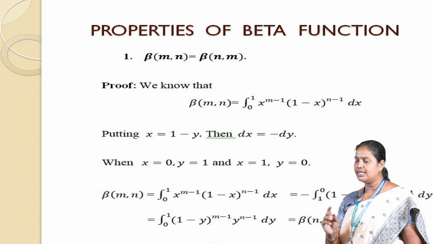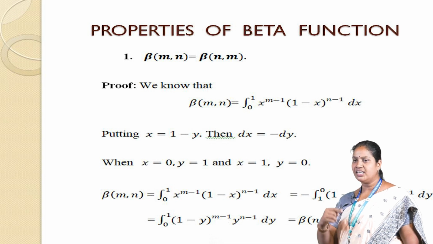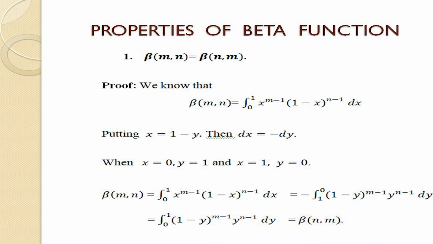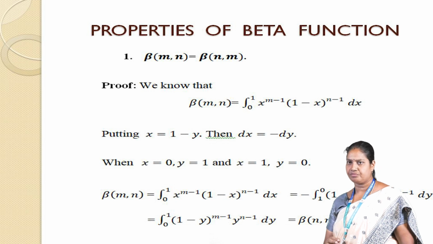Now we know that there is a famous property of definite integrals: if we interchange the limits, a minus sign comes out. Therefore, minus of the integral 1 to 0 of 1 minus y whole power m minus 1 into y power n minus 1 dy is nothing but the integral 0 to 1 of 1 minus y whole power m minus 1 into y power n minus 1 dy, which is nothing but the same beta function expression. So this is nothing but beta of n comma m.